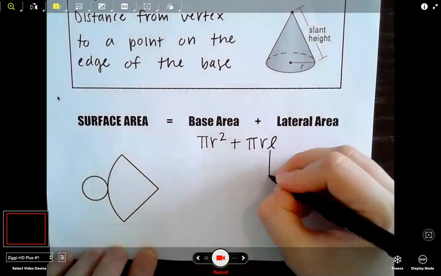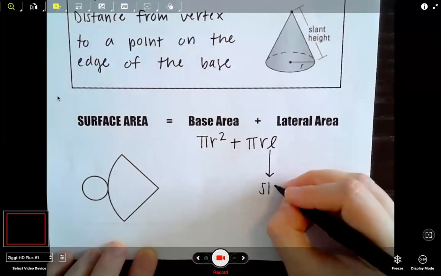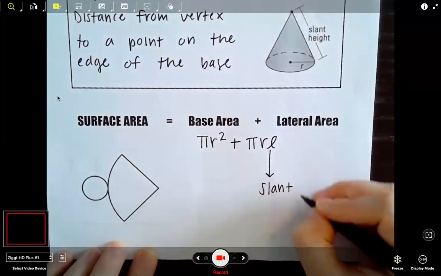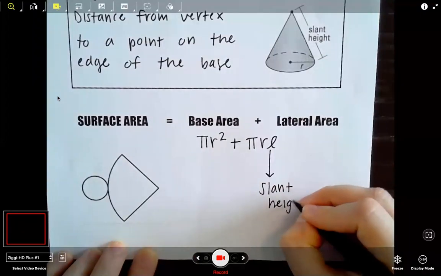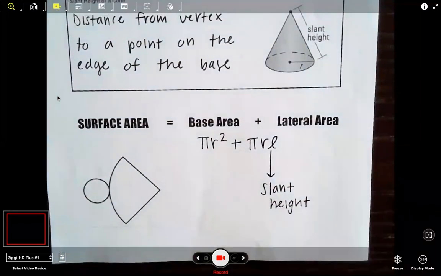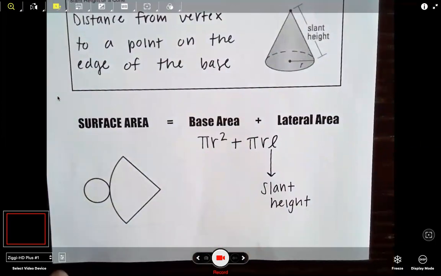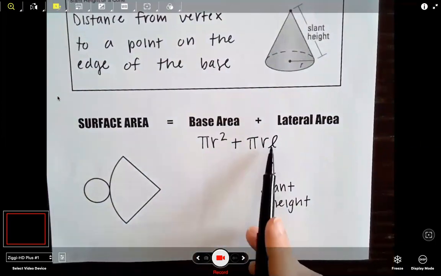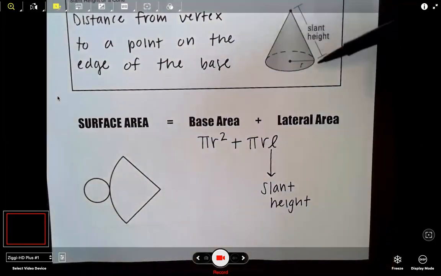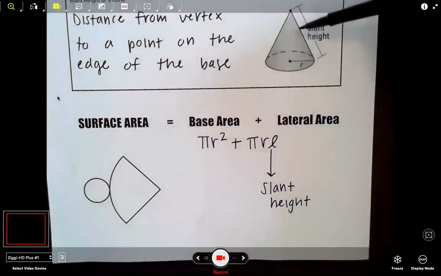L is our slant height. But what's nice about this, it's just calculator work. It's not very difficult. Remember, r is our radius, and the L will be our slant height, which is this guy out here that will either be given or we'll have to find.